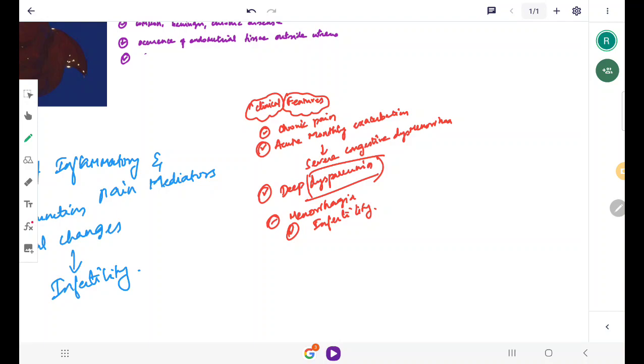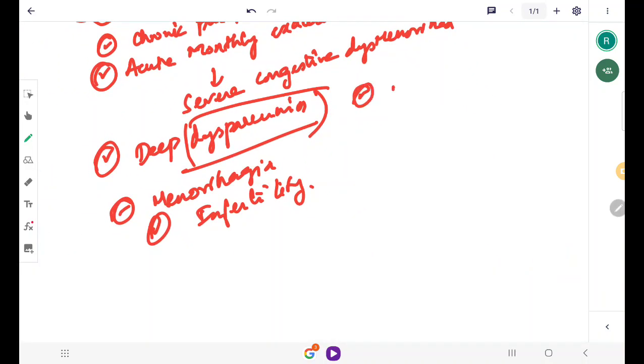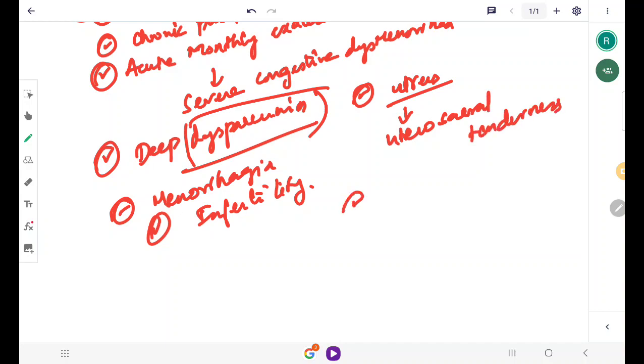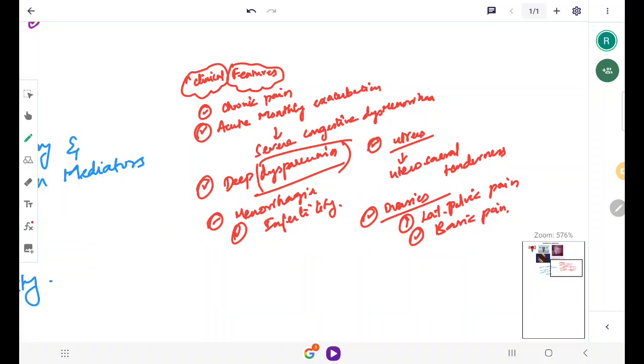We'll speak about some of the clinical features. In the uterus, it causes uterosacral tenderness and nodularity. In the ovaries, it causes lateral pelvic pain and back pain. The uterine and ovarian clinical features are the most common.